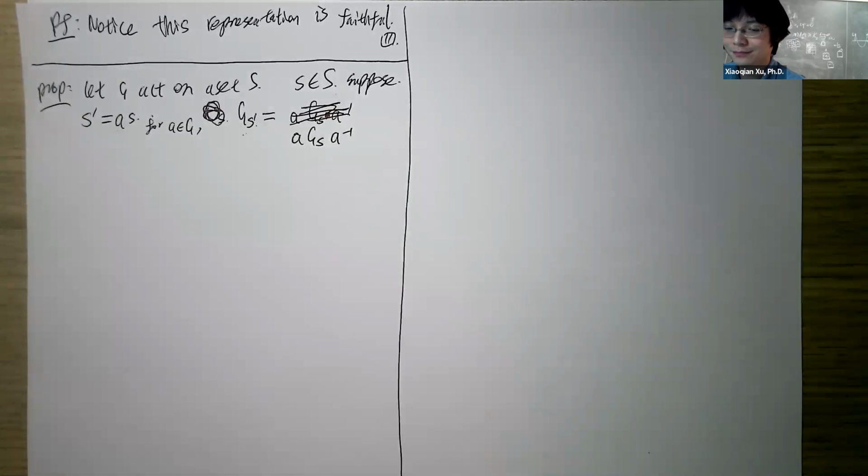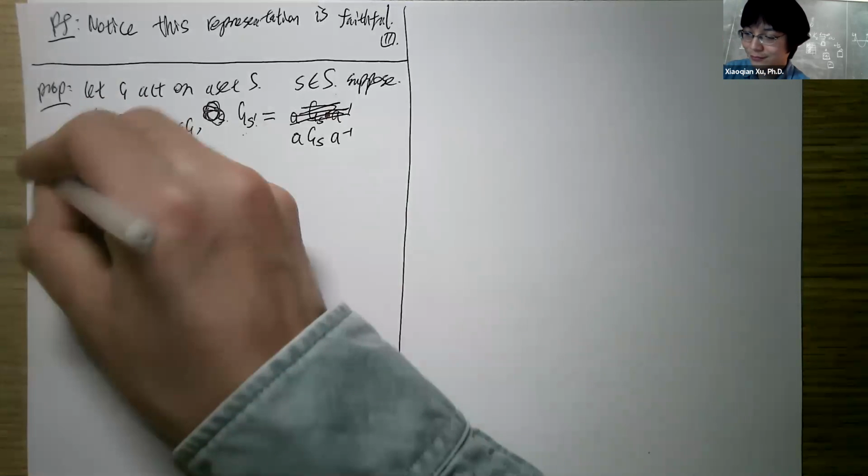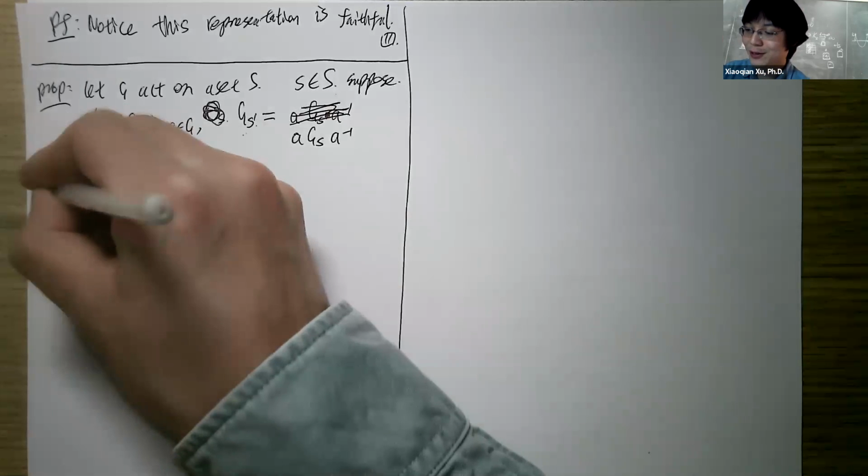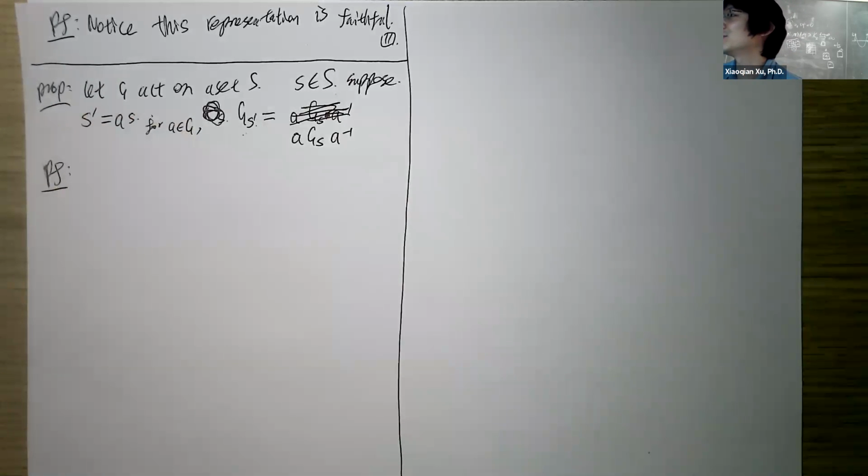Okay? Which is why I should say this a lot: the conjugate of an element, or the conjugation operation, is very crucial in group theory, because it studies the commutativity of two elements. It can be seen as a replacement of abelian.